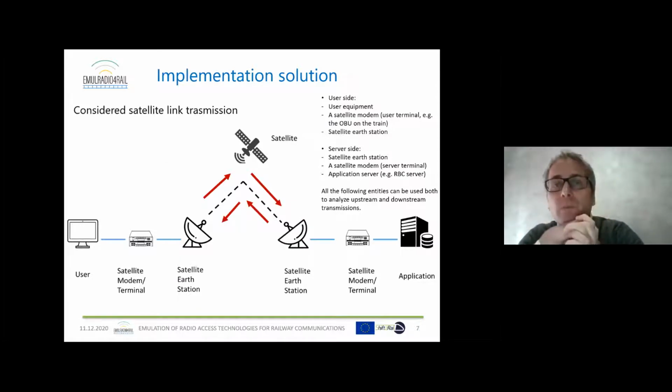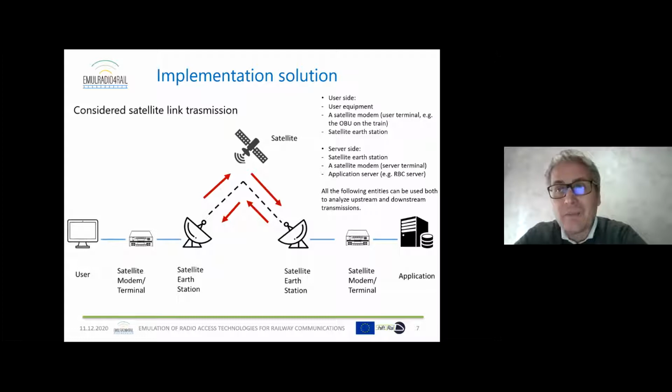From the implementation point of view, we considered the satellite transmission from the user to the application server, from the left to the right. So we can consider these satellite network components in terms of user equipment, satellite modem connected to the terminal, satellite earth station, the satellite, of course, the satellite station from the receiver point of view, the satellite modem terminal, and the application server.